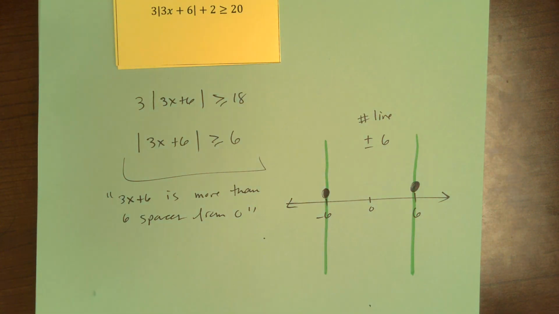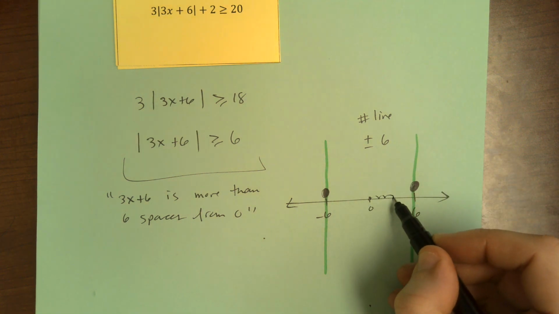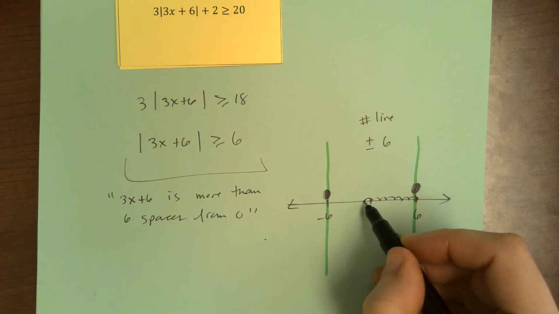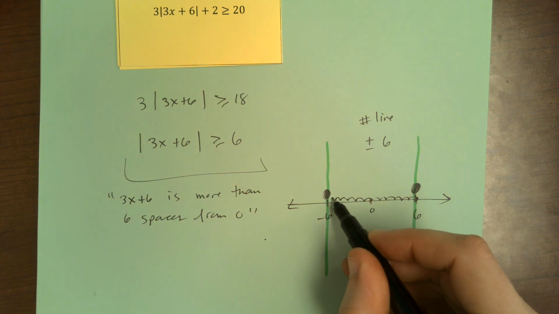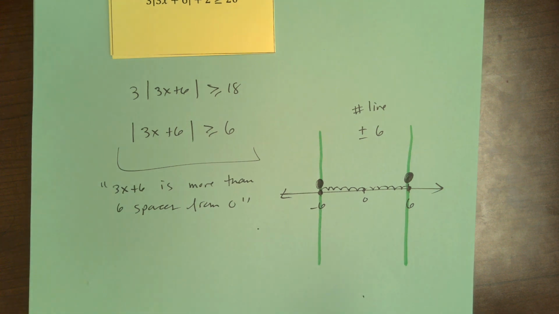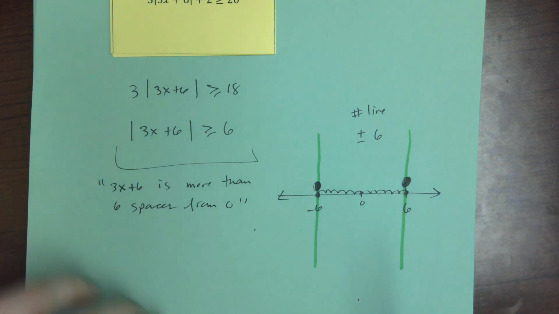What does absolute value mean? This is what it means, distance from 0. So if we are more than 6 spaces from 0, so here's 0, 1, 2, 3, 4, 5, 6, that's 6 spaces. That would be within this middle section. So any spot that is more than 6 spaces from 0 would be in these outer regions.